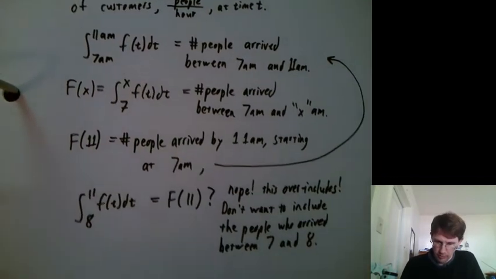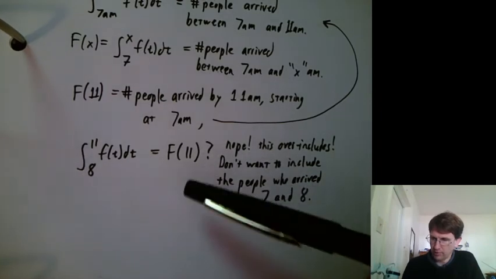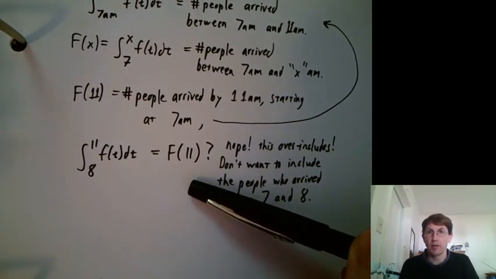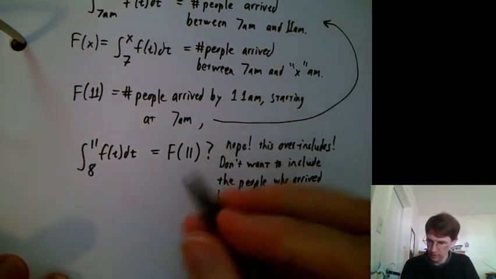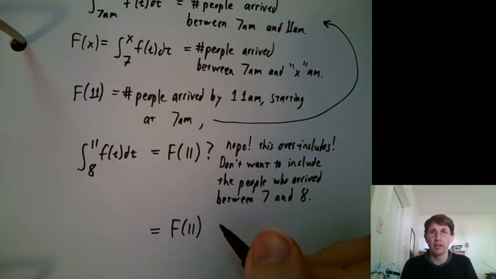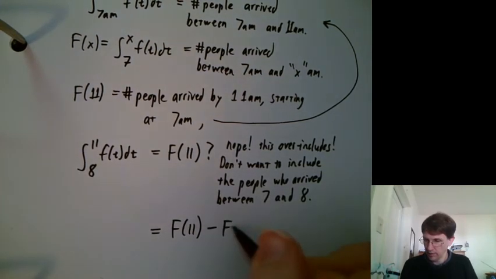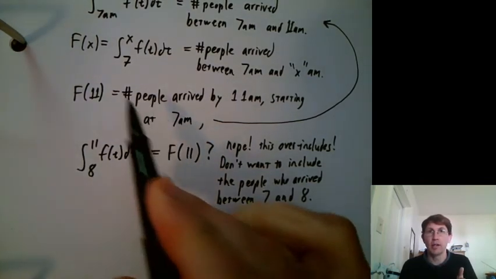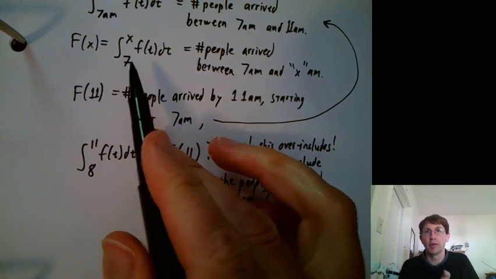So for example, what if we had 400 people arrive by time 11, but 100 of them had arrived between 7 and 8? How can we uninclude them when we accidentally overcounted them? Well, we'd say take big F of 11, total number of arrivals by 11 a.m., and subtract all the people who had arrived between 7 and 8, and big F at 8 is the number of people who arrived between 7 and 8.